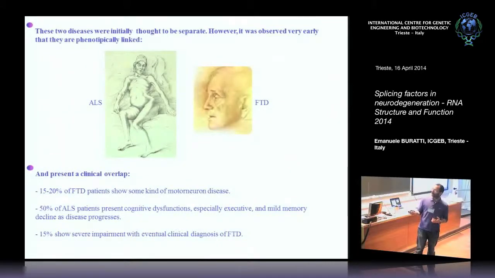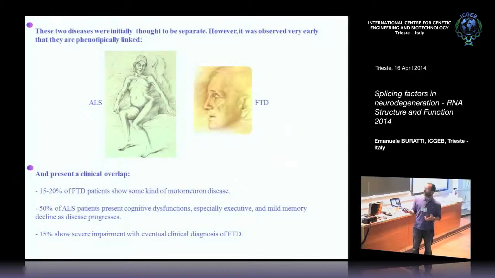This is actually a drawing by Charcot. You see that people who had FTD and people who had ALS eventually started to have similar facial traits.